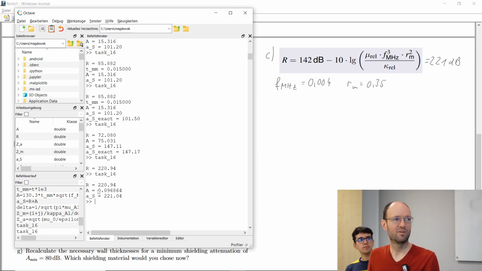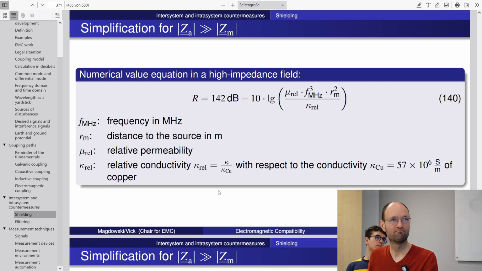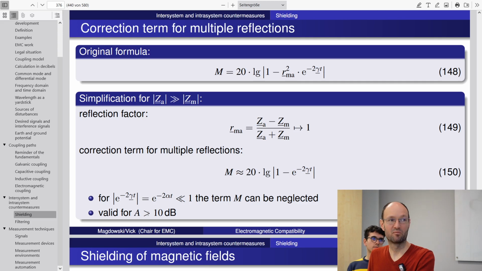So now as this A is smaller than 10 dB, now we need to take into account this term for multiple reflections. Still, we can use this approximation here and say our wave impedance in air is much larger than the wave impedance in metal because we have this high impedance field. So this simplification here should be okay.